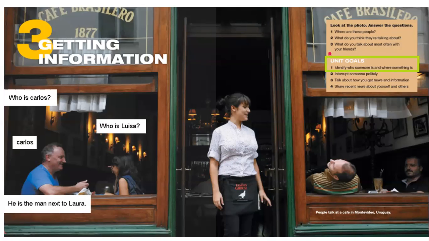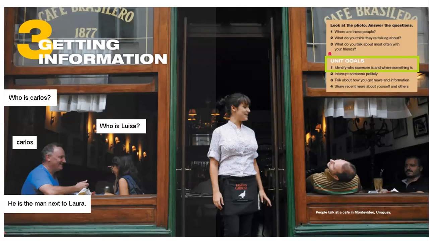Carlos is the man next to Laura. This is another way to identify who someone is: just saying the location. You can say the location where the person is, and that's a good way to talk about it. So, for example, who is Carlos? Carlos is the man next to Laura.